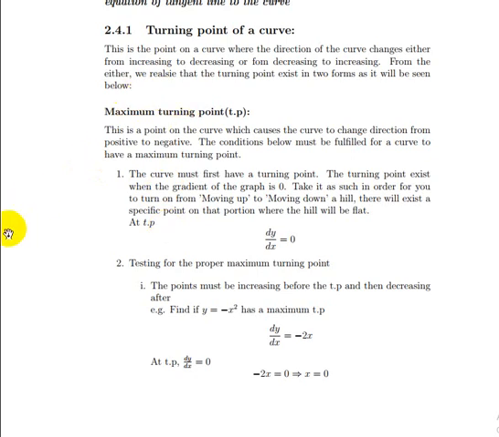With the maximum turning point, before the turning point the steepness is positive, and after the turning point it's negative. With the minimum turning point, before the turning point the steepness is negative, and after the turning point it is positive.